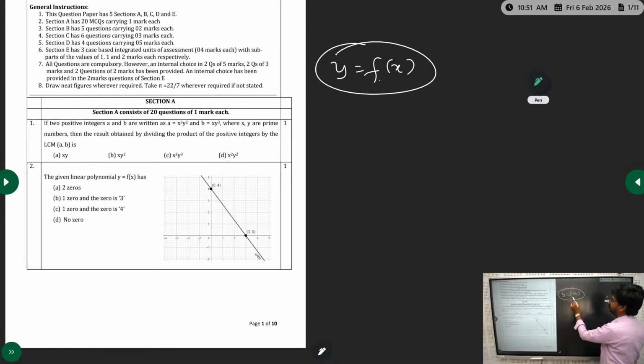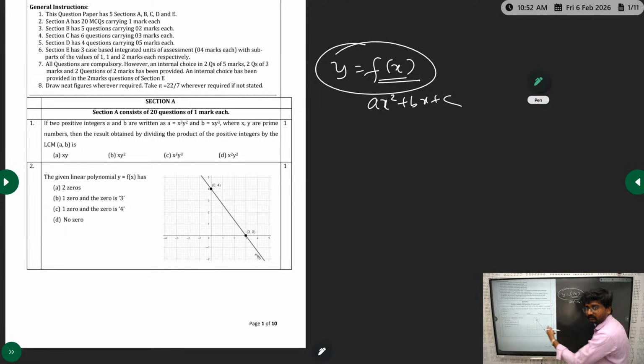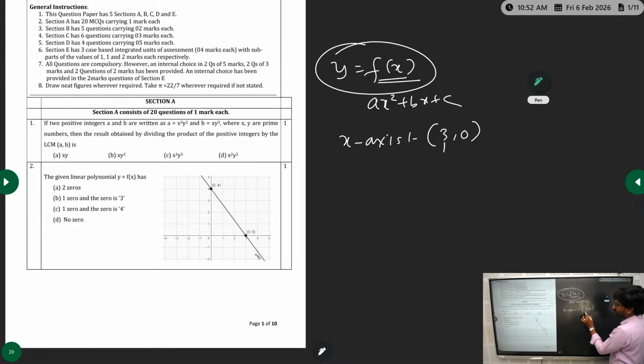f of x might be in the form of ax square plus bx plus c. You should see the point along which axis? The x-axis. Along the x-axis, what is the point there? 3, 0. What is 3? The x value. What is y? 0. Okay.